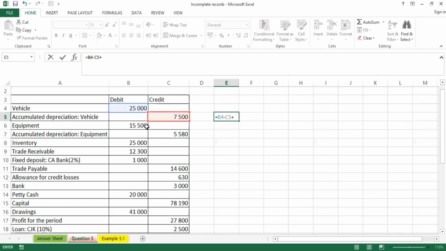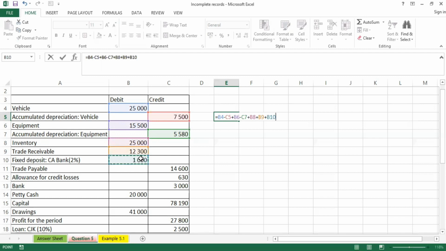Plus the equipment, which is an asset, minus our accumulated depreciation, and then plus this, plus this, plus the fixed deposit, which is also an asset.